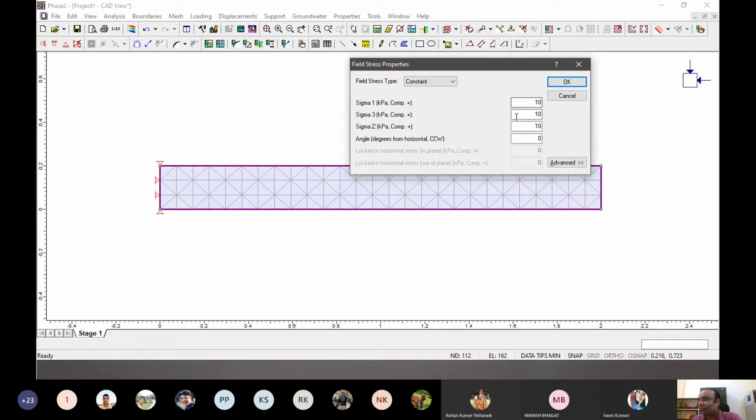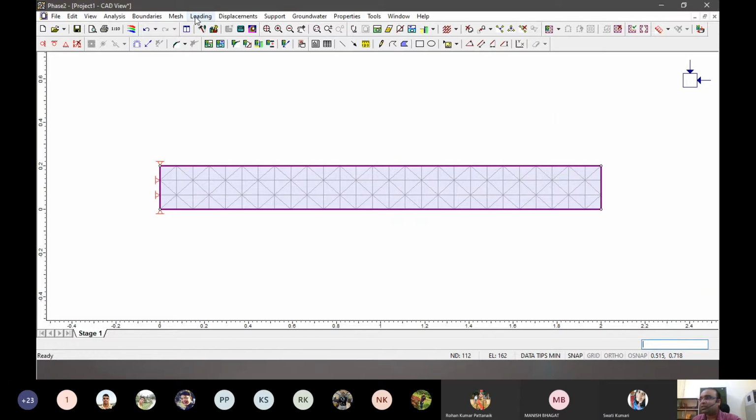These field stresses act inside this box, so if any excavation was there, then this would be active. So field stresses don't matter in this scenario. If we wanted gravity, then the beam would be bending due to gravity, but we don't want that either. Our question is simpler than that, so let's not touch it.